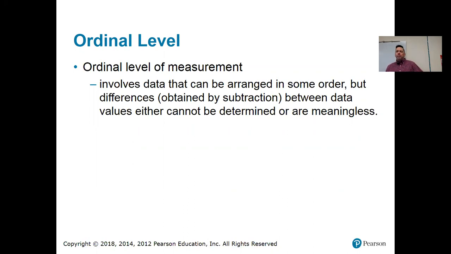My favorite example of ordinal data has to do with words and not so much with numbers. Freshman, sophomore, junior, senior would be an example of an ordinal variable. There is a meaningful way to put them in order.